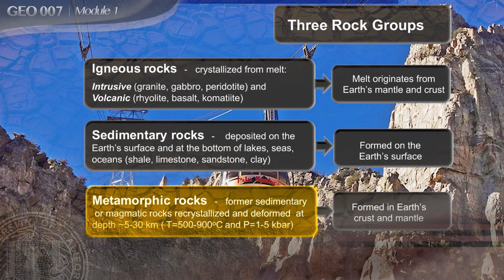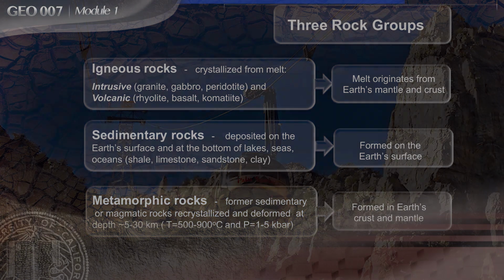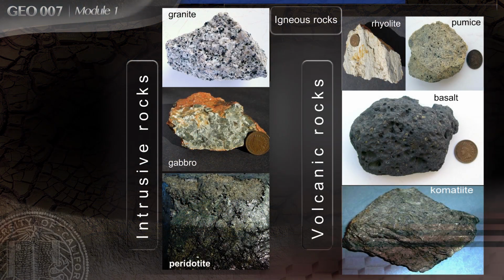Metamorphic rocks, former sedimentary or magmatic rocks recrystallized and deformed at depths approximately 5 to 30 kilometers, temperature 5 to 900 degrees Celsius, and pressure 1 to 5 kilobars, formed in the Earth's crust and mantle. These images represent major groups of intrusive and volcanic rocks.